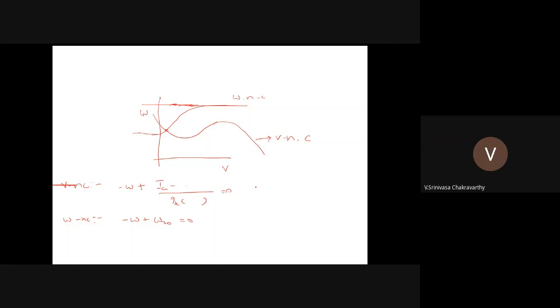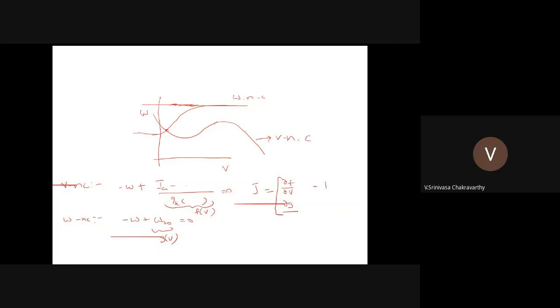So I'll call this whole expression f of V, and this expression I'll call g of V. Then the Jacobian will be just dou F by dou V, and dou F by dou W. W doesn't exist in this part, it is only here, so they have -1.